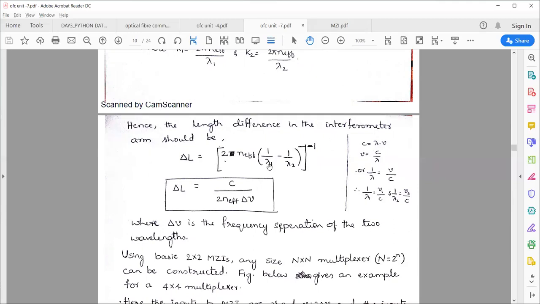So if we substitute 1 by lambda 1 as v1 by c and 1 by lambda 2 as v2 by c, we end up getting c divided by 2 n effective (v1 minus v2), which is replaced as delta v. So this is the expression of delta L, which is dependent on the refractive index of both the arms of the phase shifter as well as the frequency separation between the wavelengths, or the wavelength values of the input signals.